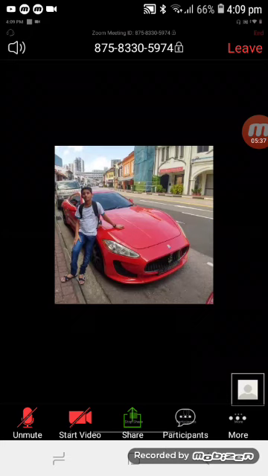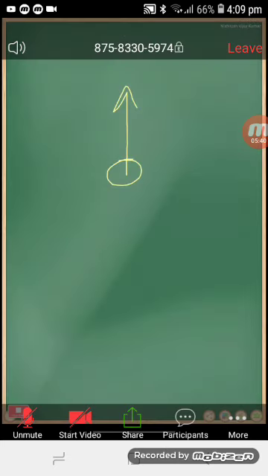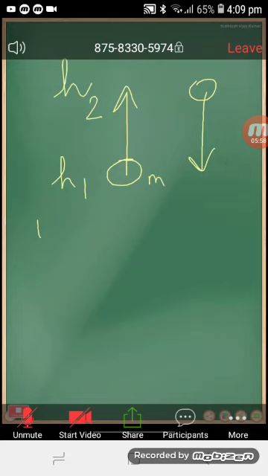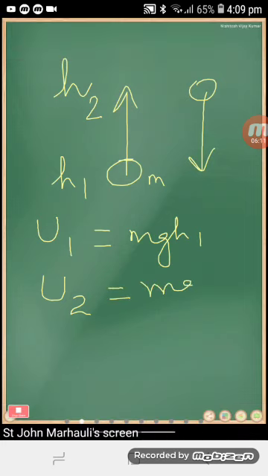Thrown up, or a body falls down. Now suppose a body is being thrown up from a height h1 and reaches h2, having a mass m. So the potential energy at height h1 will be mgh1, whereas the potential energy at height h2 will be mgh2.